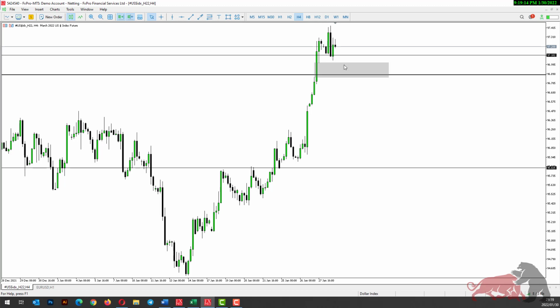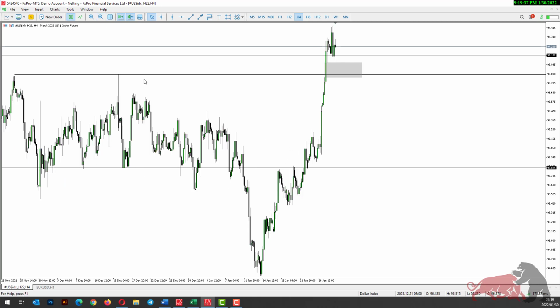So regarding dollar, this level here is a level of discount which will offer great buying opportunities on positive release for the dollar. But on negative release, then don't expect these levels to hold. Expect price to trade to the downside on negative release. Expect price to trade lower, right?